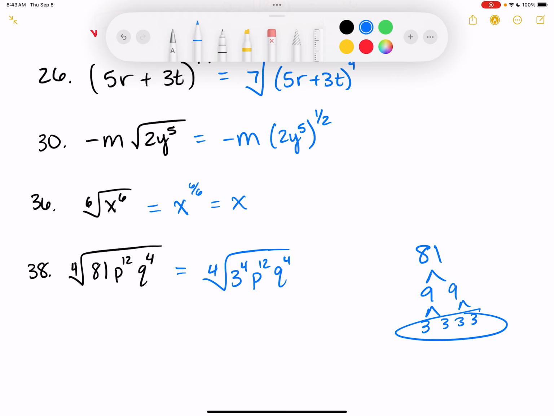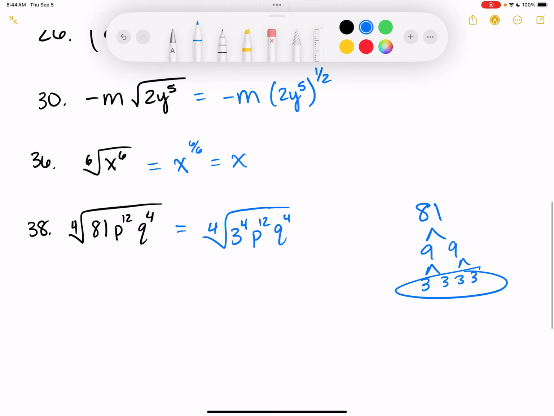With a 4th root, I can take things out in groups of 4. So what do you see right away I can take out? How many 3s do I have in here? 4 of them, so I can take one of those out. And that's gone.